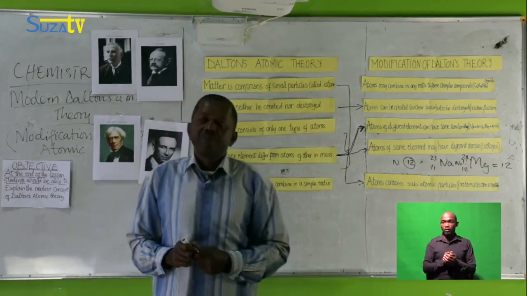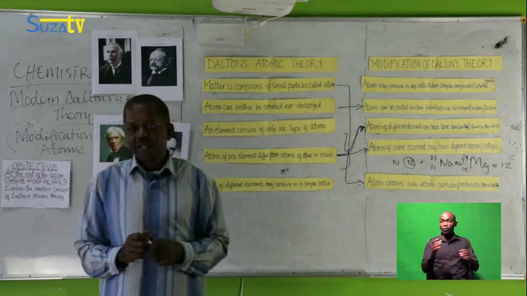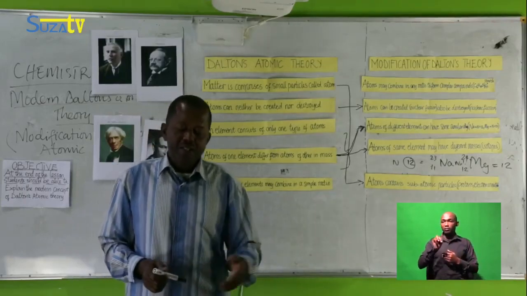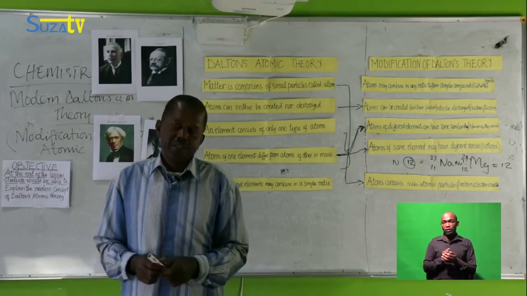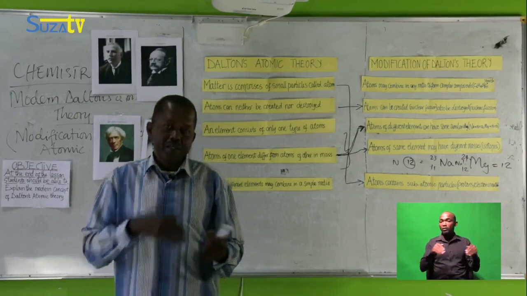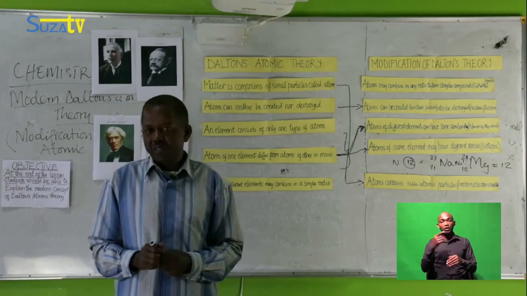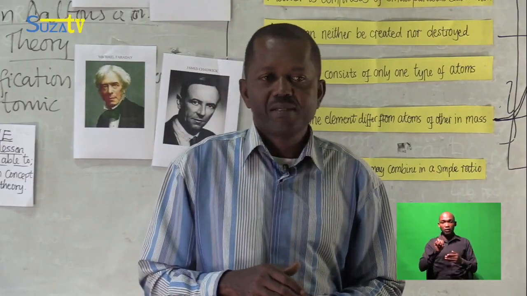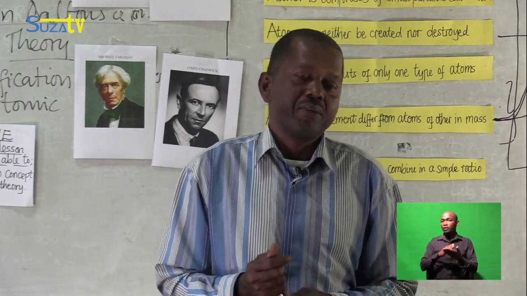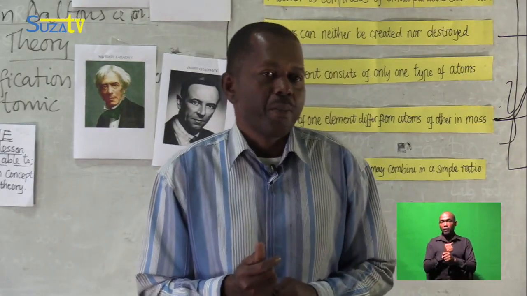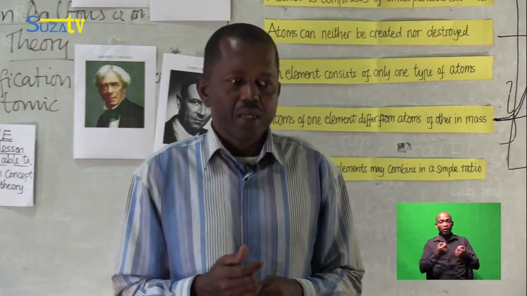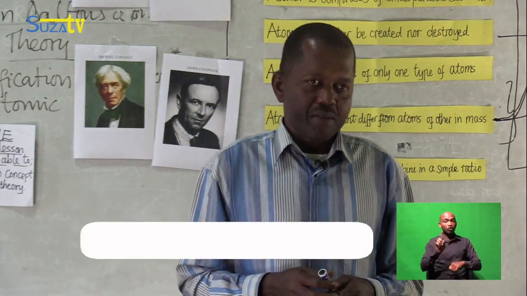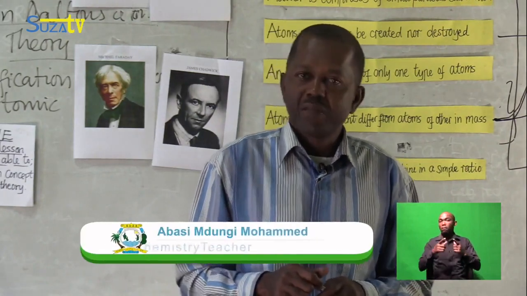In development, we always have some challenges. As with Dalton, we found that Dalton had some limitations that were corrected by modern scientists. So when we develop, we make mistakes and errors, and we call them challenges. We sometimes do not call them problems, because sometimes problems make people fail.